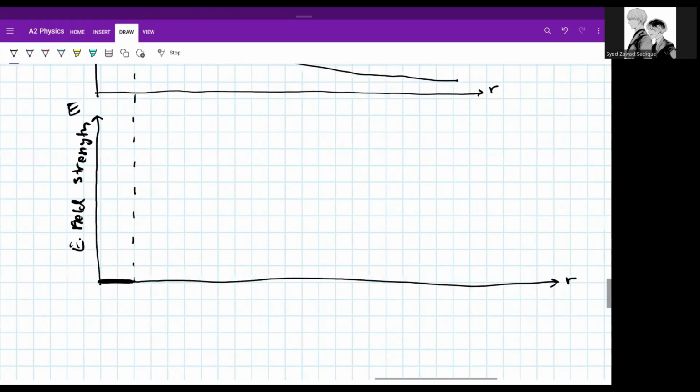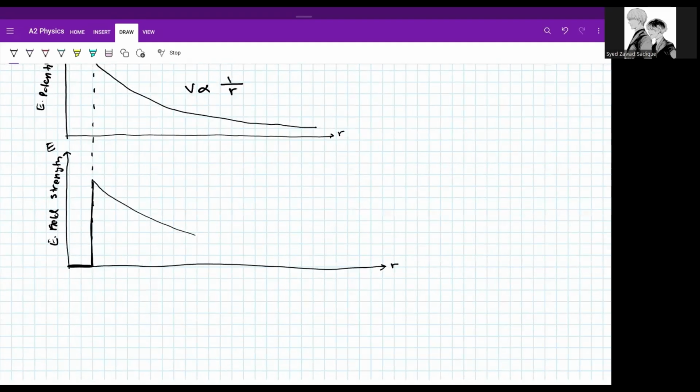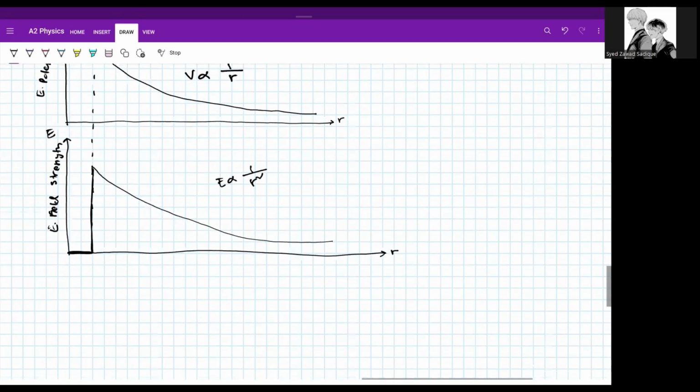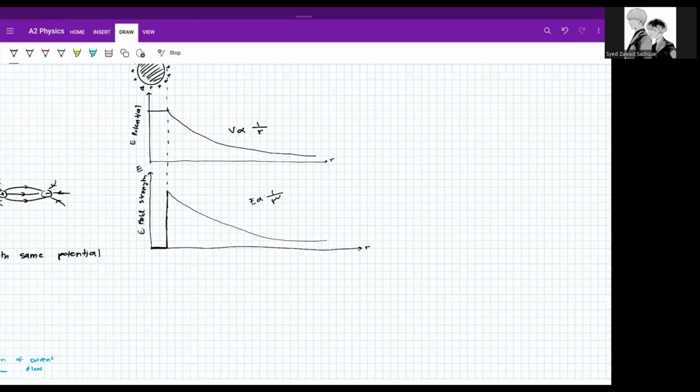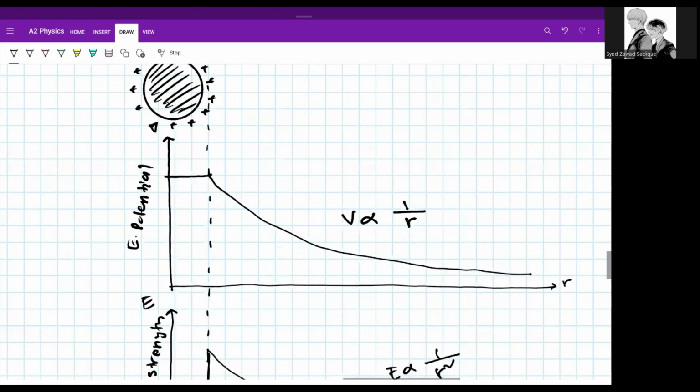At the surface, it climbs to a maximum value, and then it starts to decline in an inversely proportional manner. This is because E is inversely proportional to R squared. Okay, this is concept 1 for the graphs.